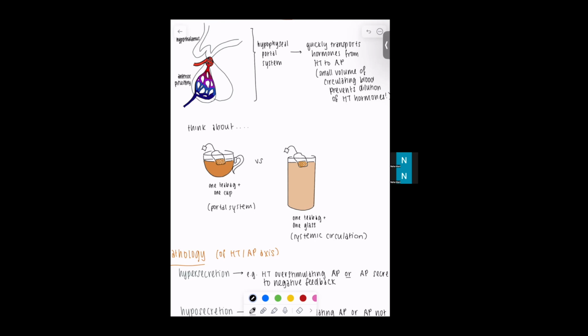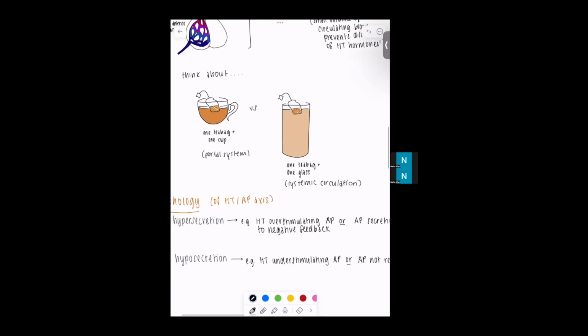Not a whole lot of flavor will get into your tea because you have such a large volume. I mean, assume that these are the same tea bags. You'll have the same amount of molecules, but now dispersed in a much larger volume.